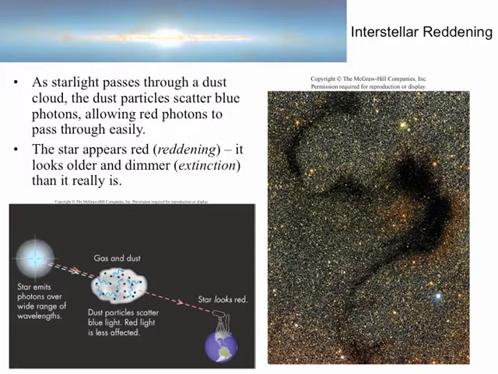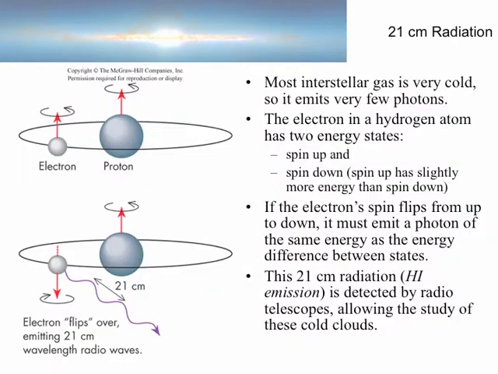And so more red light comes out of the star because more red light emerges from this cloud than does blue light. Okay, so this effect has to be accounted for too when we're trying to determine what the redshift is of a different star.